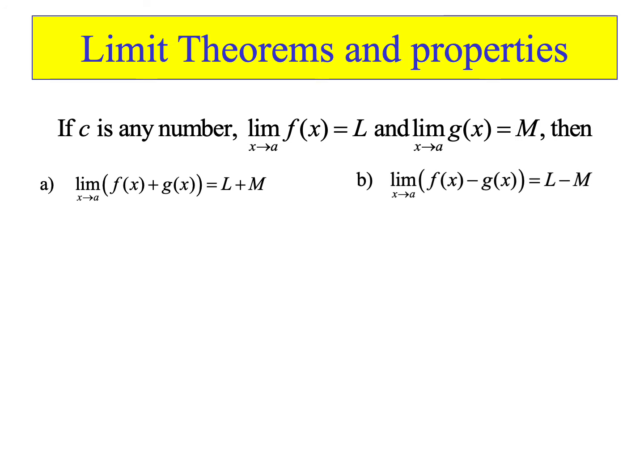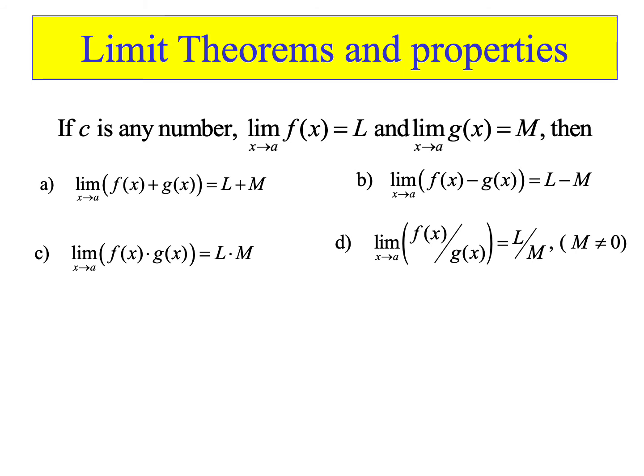And also, if I want to subtract limits of two functions, I just subtract their results. And also for multiplication, and for dividing, but we need to make sure that the limit of the denominator doesn't equal 0.